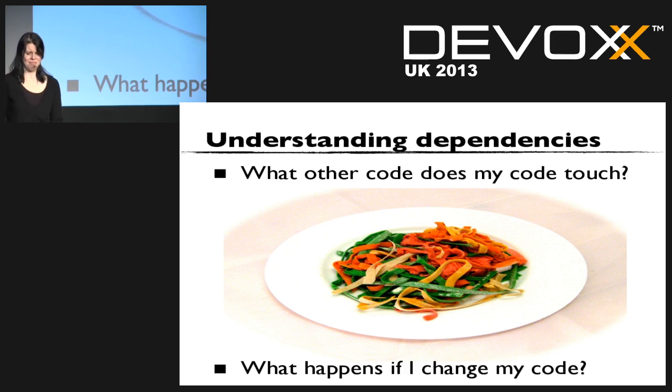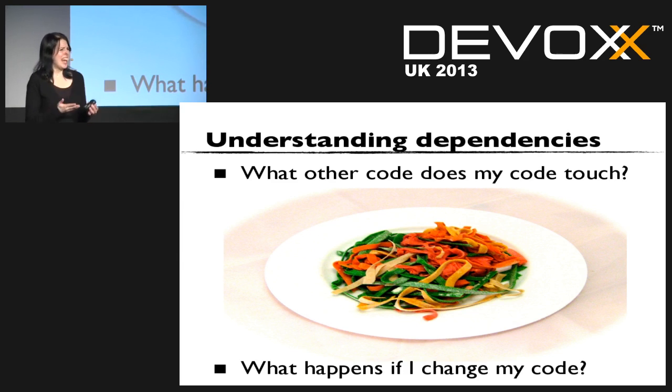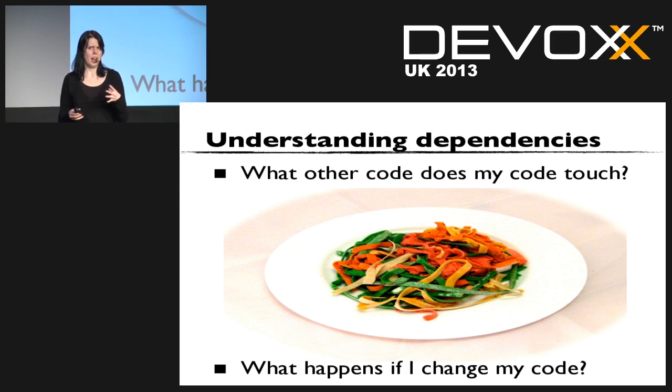So, one of the things that's really important with WAR programming, as with other programming, is to understand your dependencies. And that helps you at build time, so that you don't put the whole world in your WAR. But it also helps you understand your design. What other code does my code touch? And that becomes sort of an internal thing.